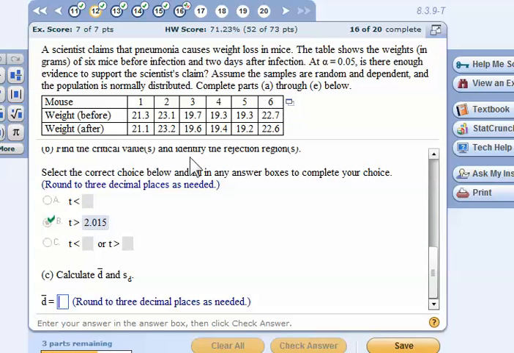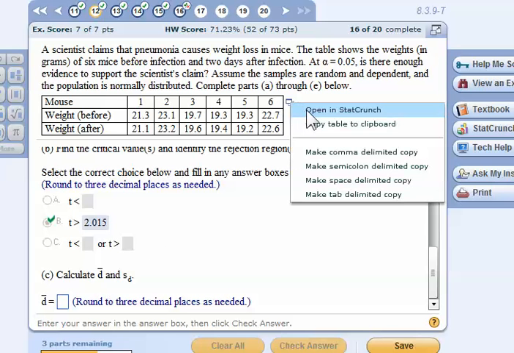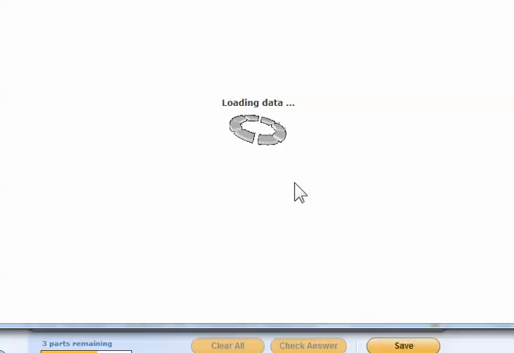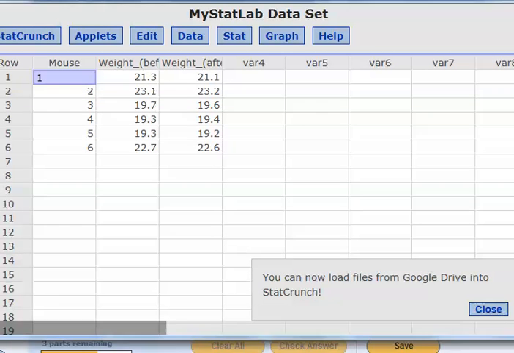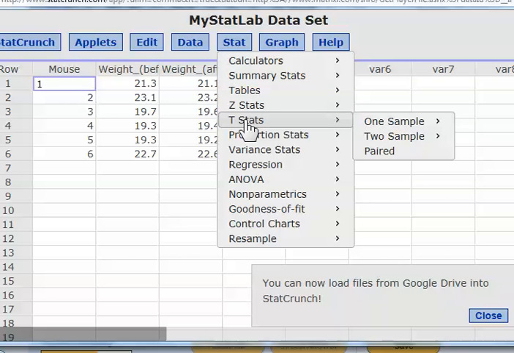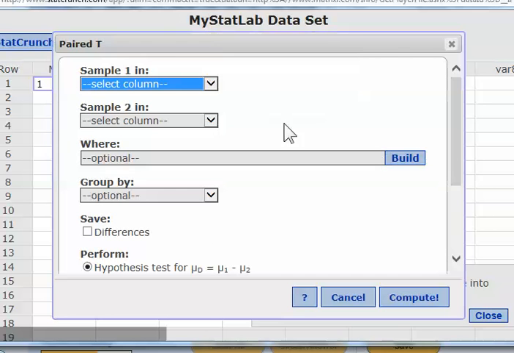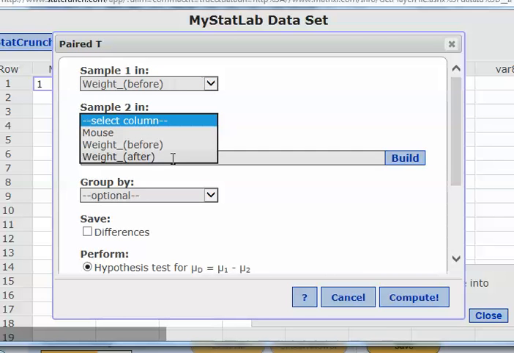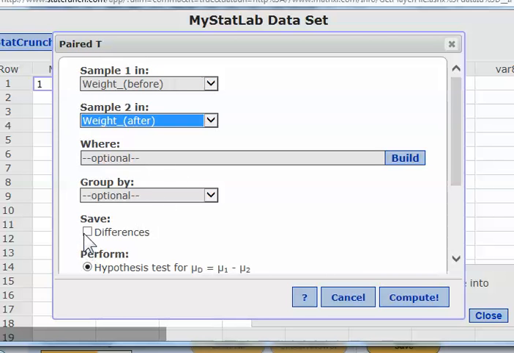So far the technology really hasn't stepped into play yet. Okay, now for the rest of it, I go to StatCrunch, and then I choose Stat, T Statistics because we're using the t-distribution, paired data, with the first one being the weight of the mouse before infection, next one being the weight of the mouse after infection, and you definitely want to click this box to save the differences.